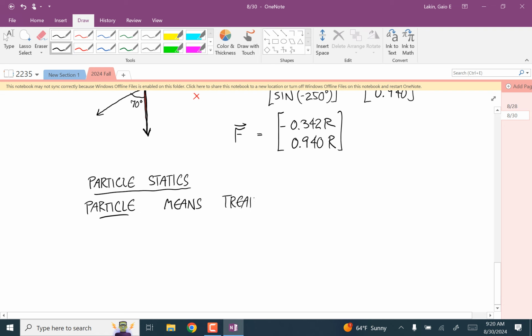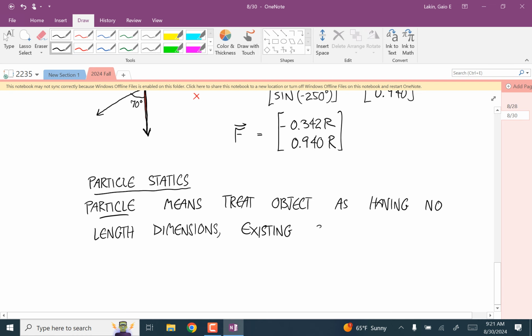So it means that you're treating an object as having no length dimensions. And you're treating this object as existing only as a point size object at its center of mass.